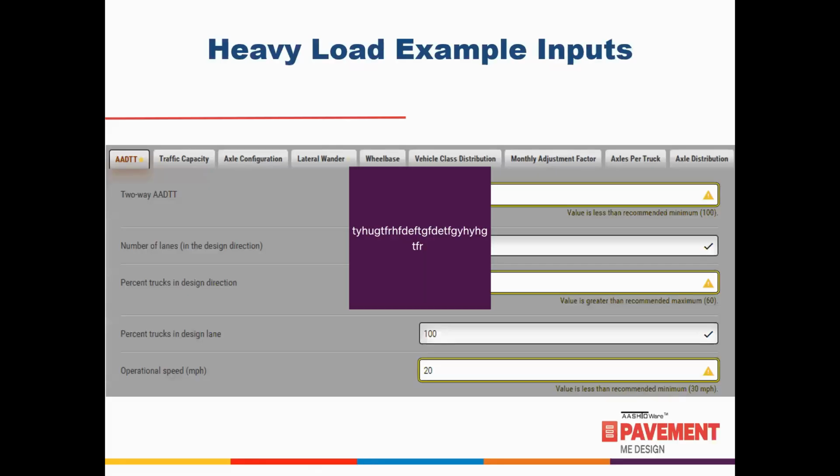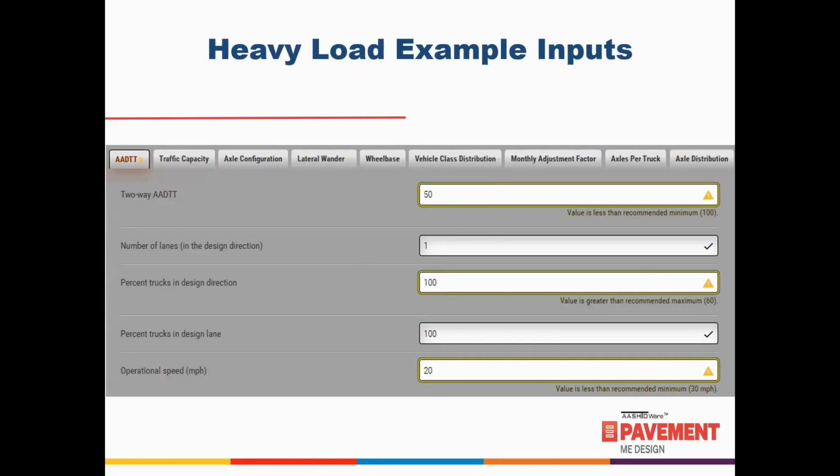So, looking at the special traffic module input screen, again, we mentioned 50 passes per day, so that's going to be our two-way AADTT.